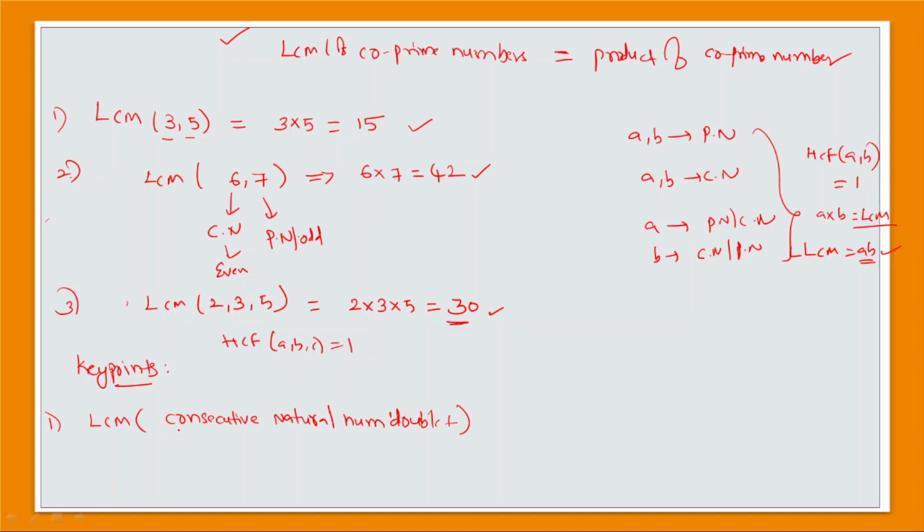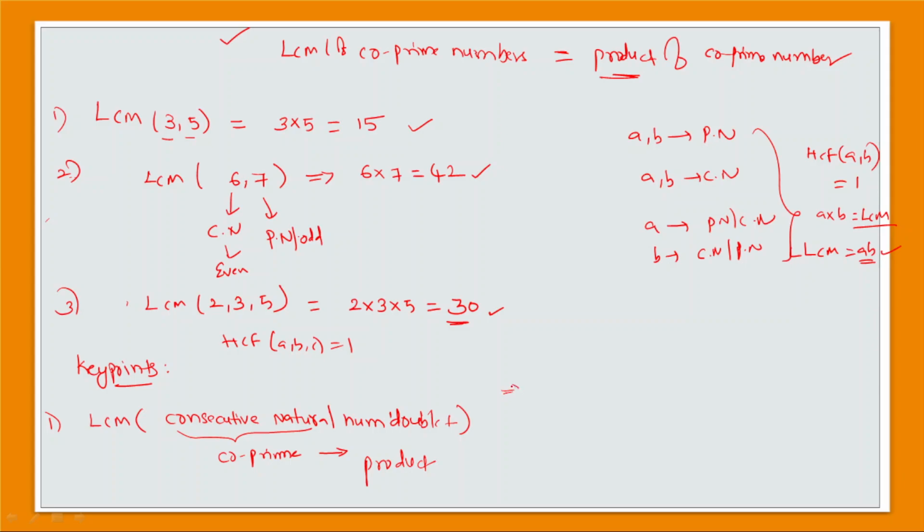Here the consecutive natural numbers are also co-prime numbers. So what we discussed, the LCM of co-prime numbers is simply the product of the co-prime numbers only.